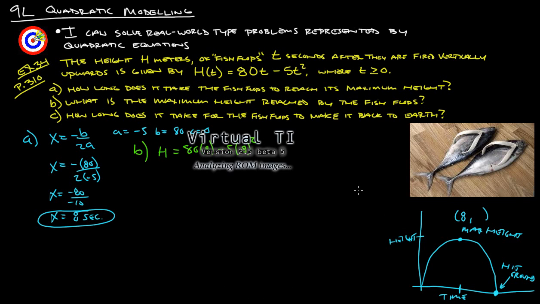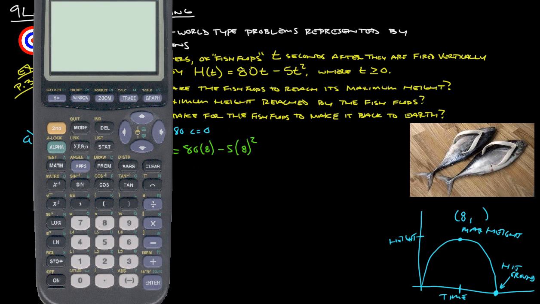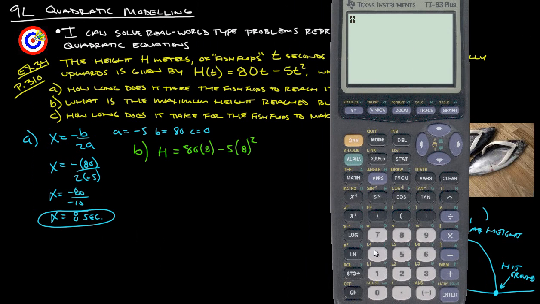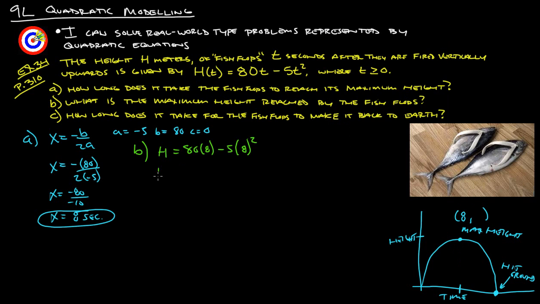All right, so let's bust out our calculator to make sure that we get a good answer here. So 80 times 8 minus 5 times 8 squared gives us that our height would be 320, and I believe this was all given in meters.